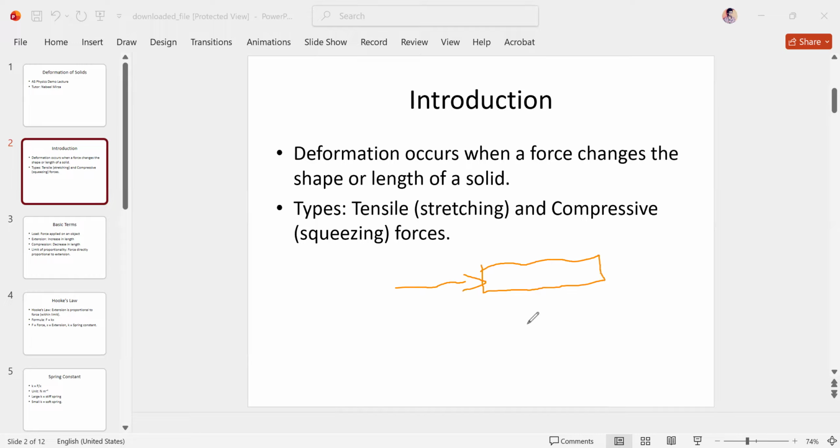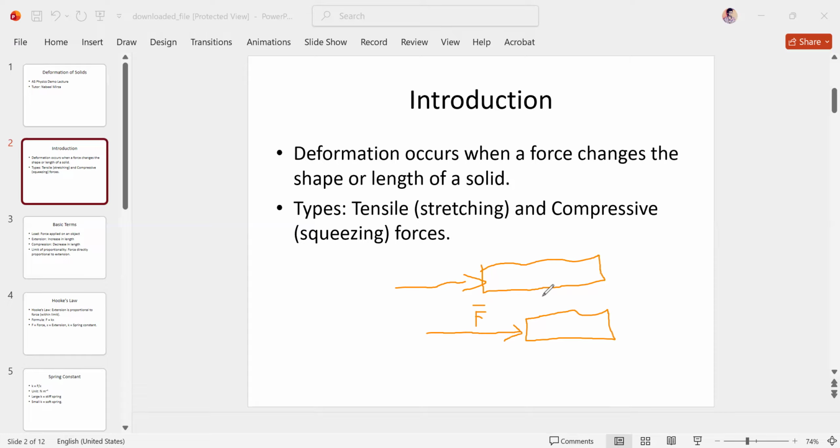Then its shape will be changed after applying the force on a solid body. This is called deformation.